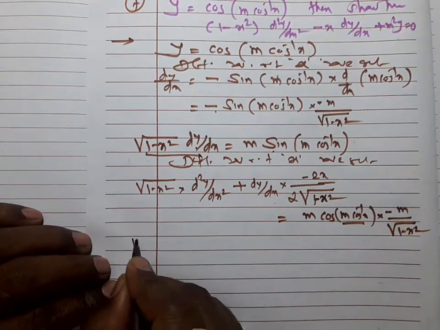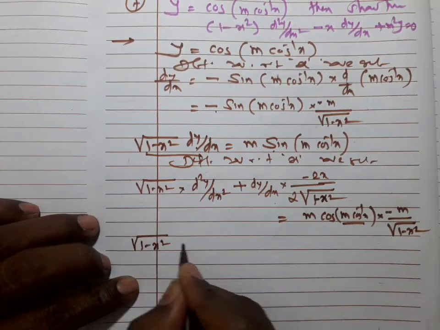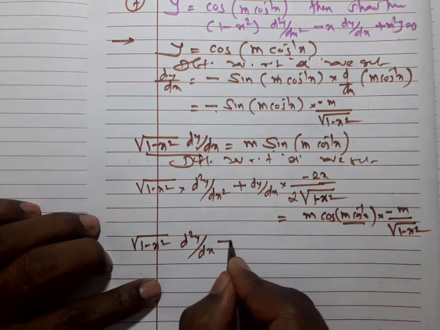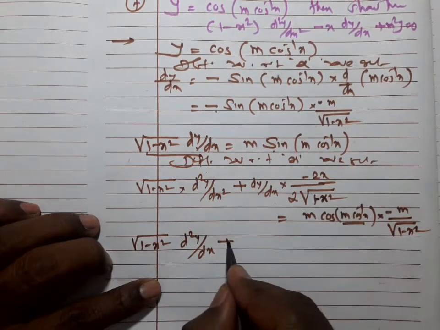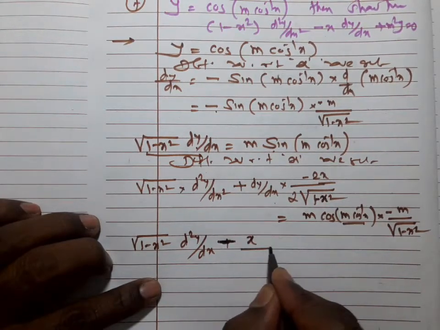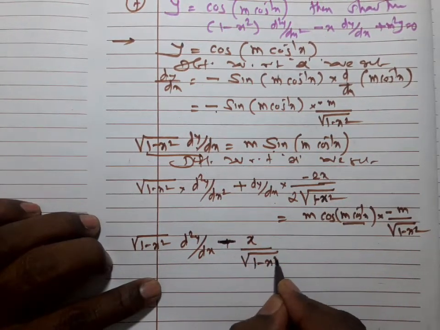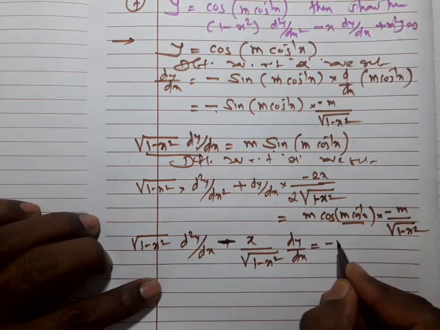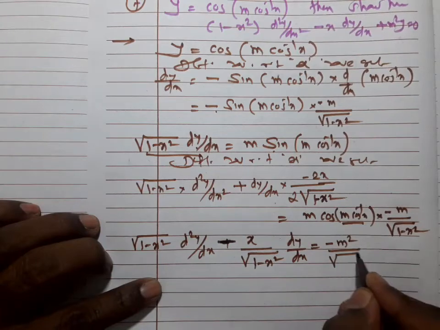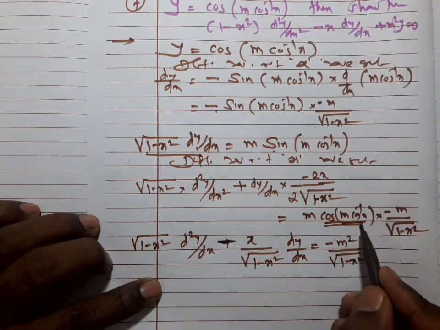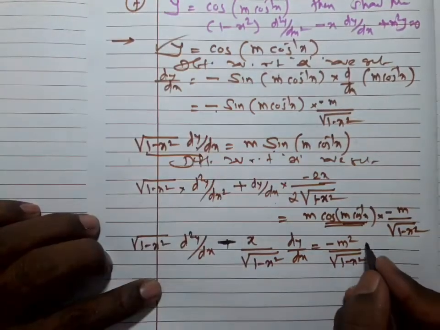It is 1 minus x square d2y by dx square plus minus 2 to cancel x upon root 1 minus x square dy by dx is equal to minus m square upon root 1 minus x square, and this whole term is y.